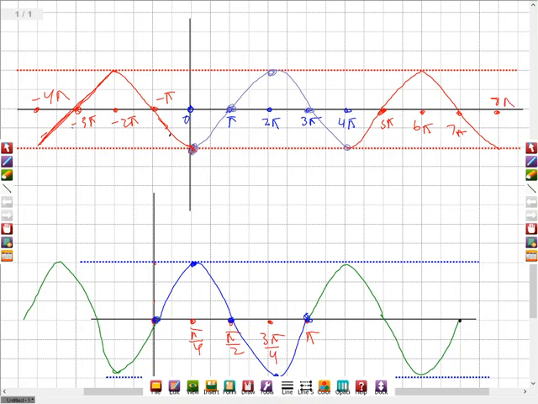And this is negative 2 cosine half x. You see the period from here to here is 4 pi. And from here to here is 4 pi. And from here to here is 4 pi.